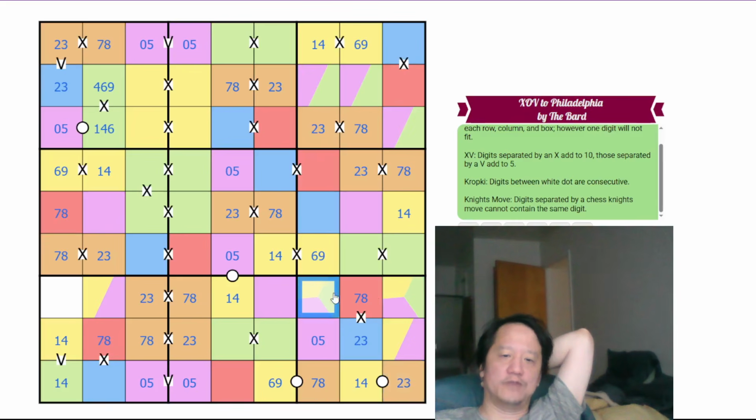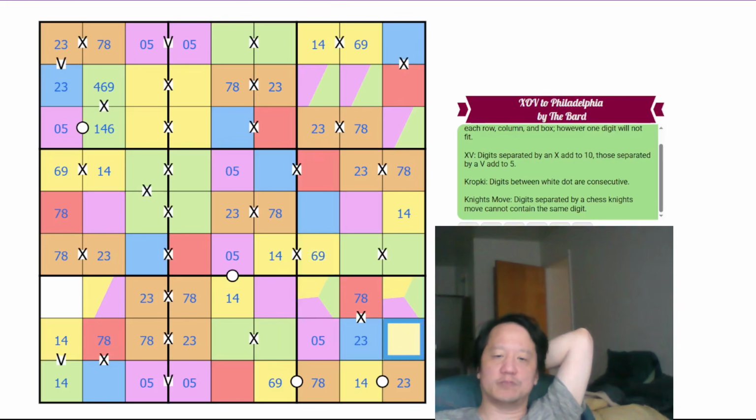So one of these greens. So this green means it cannot be here or here. So that's the digit that's missing in this box, which means this 6-9 must be in this box. Cannot be either of these because of normal Sudoku and anti-night.